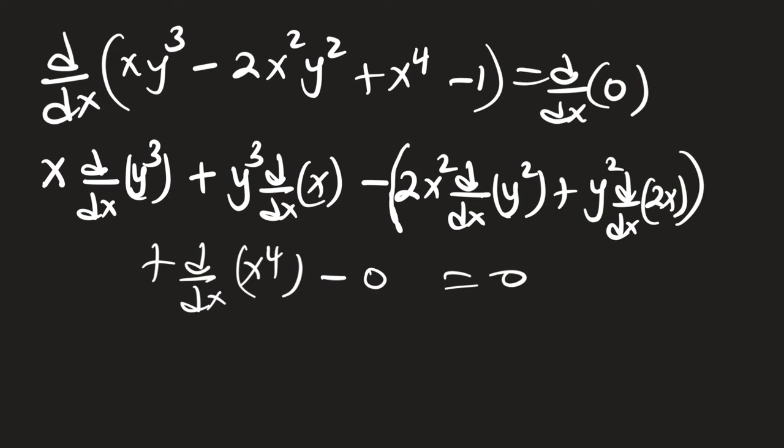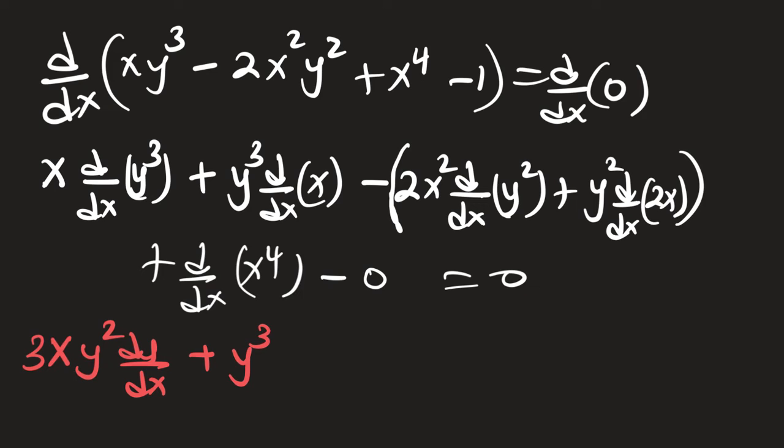Every time you take the derivative of y with respect to x, you have to write dy dx. So the step that comes after here will be x times 3y squared dy dx, plus y cubed. The derivative of x is equal to 1, so I don't need to write dx.